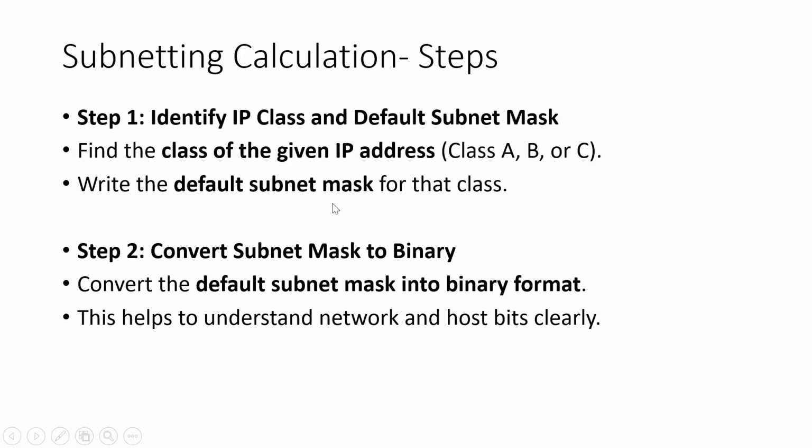Now let's discuss the calculation steps for subnetting. Totally there are 5 steps. First, we need to identify the IP class and default subnet mask. Find the class of the given IP address, for example class A, B or C, then write the default subnet mask for that class. Step 2 is to convert the default subnet mask into binary format so that we can understand the network bits and host bits clearly.